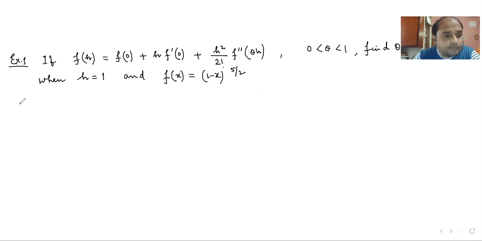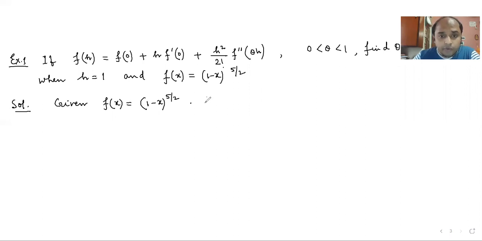So solution. Given f(x) is equal to (1 minus x) to the power 5 by 2. Okay, now you see we actually require these things. f(0) is required, f dash 0 is required, f double dash is required. So we are going to calculate f dash x, f double dash x subsequently.